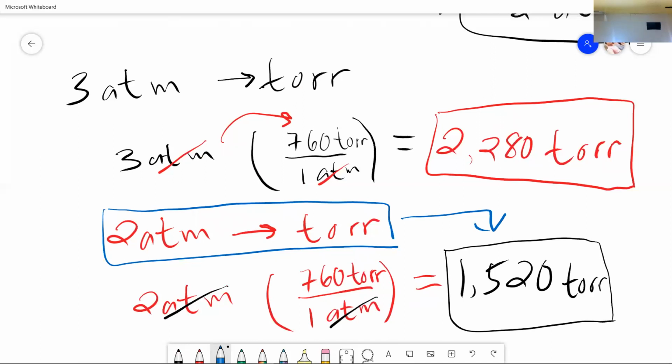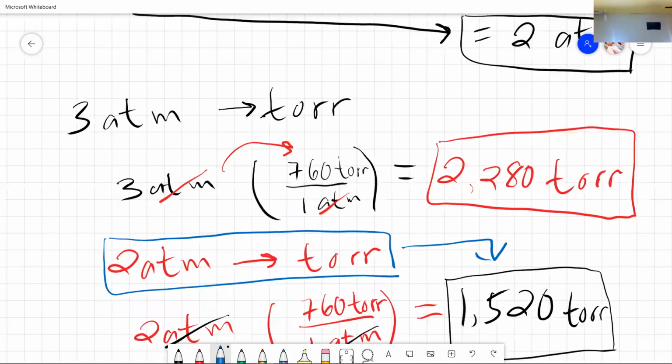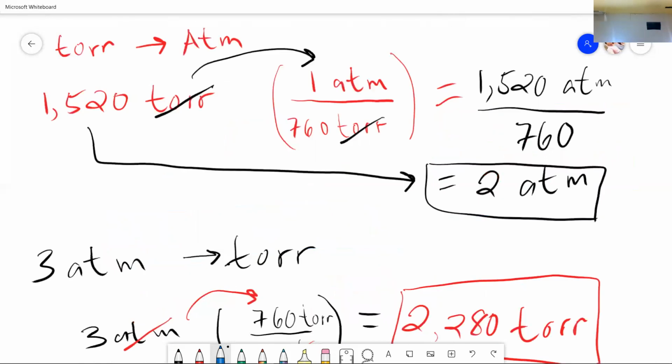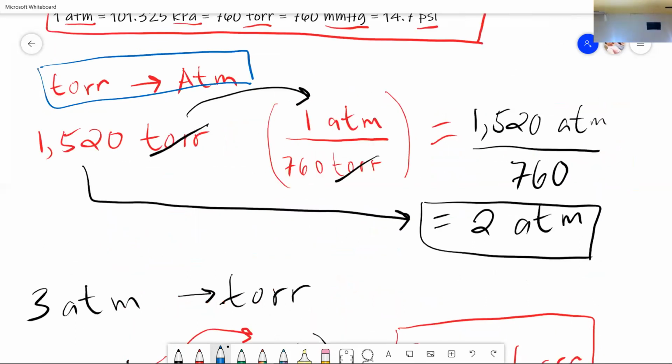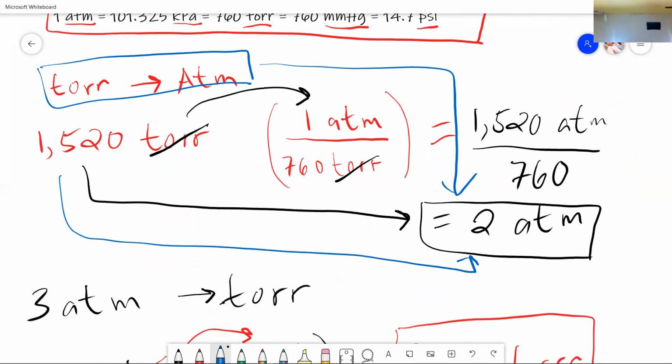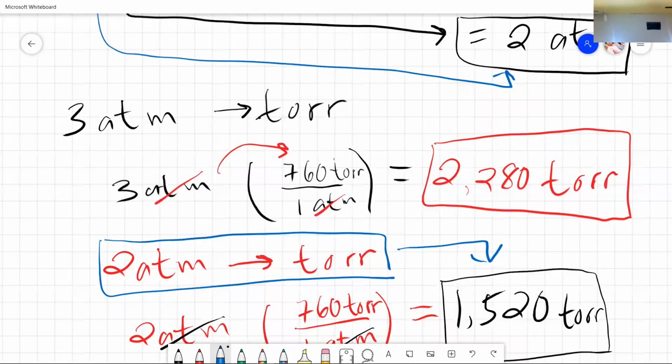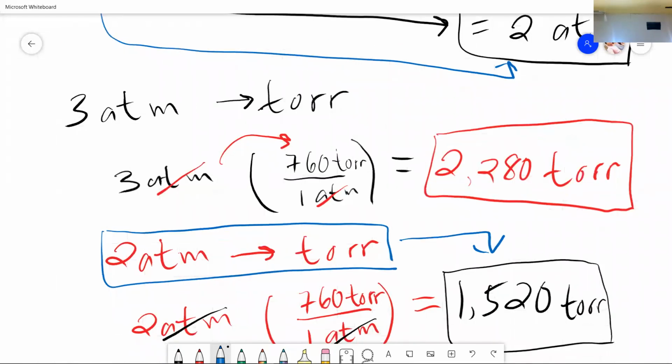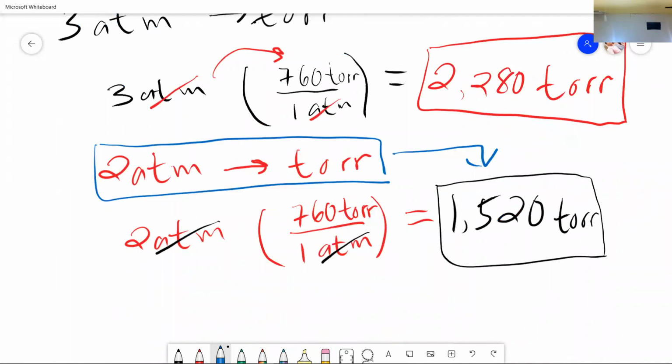That matches. So in 2 ATM there is 1,520 torr. That's how to derive and convert units in pressure.